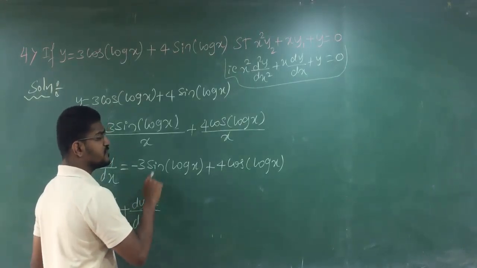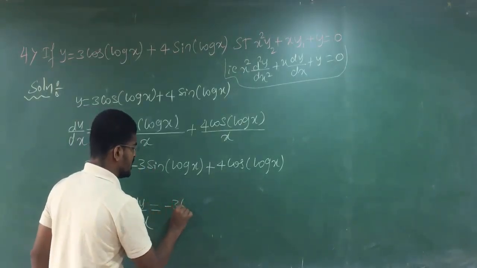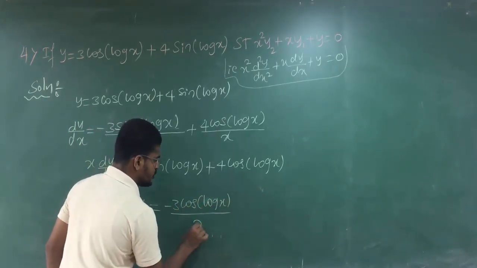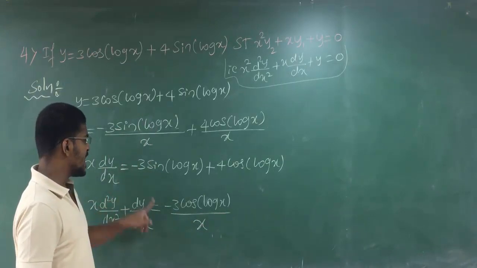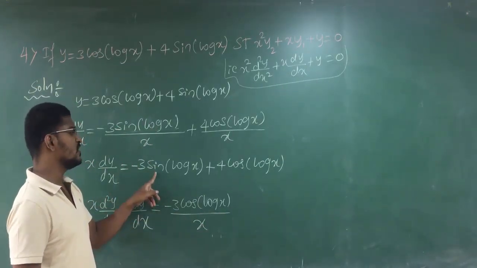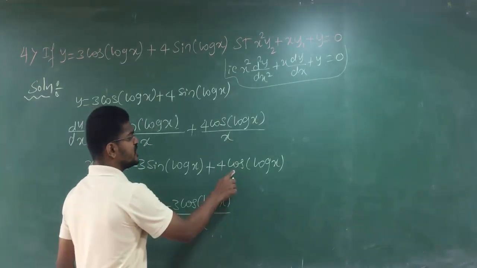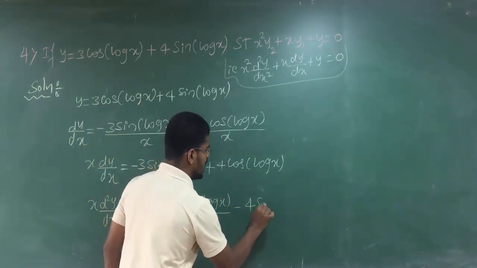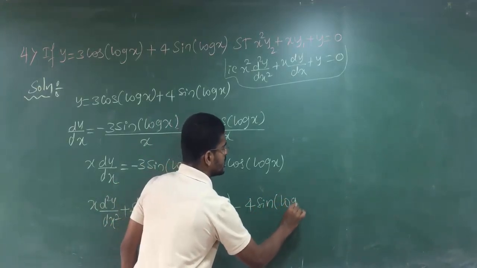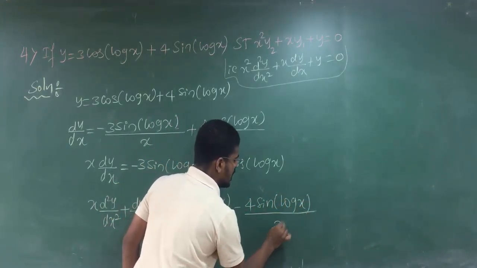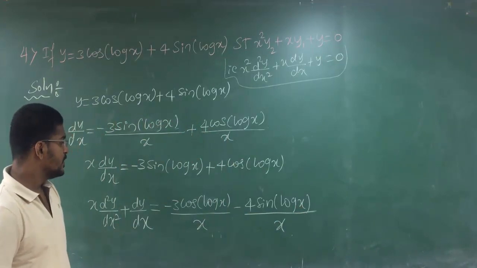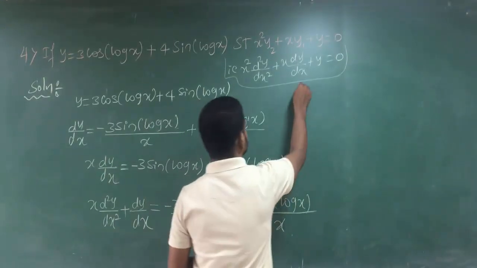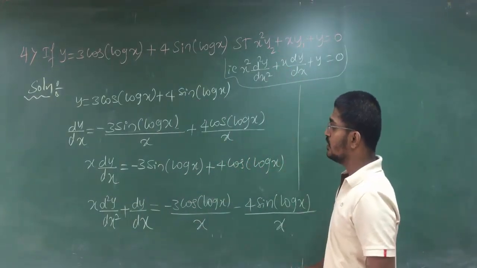Same here, differentiation of sin is cos. So minus 3 cos of log x, differentiation of log x is 1 by x, minus as it is. Clear? Because differentiation of sin is cos. Here differentiation of cos is minus sin. For that reason, minus 4 sin of log x divided by x you are going to get. So now you got all these terms. Using all these terms, let us show this.